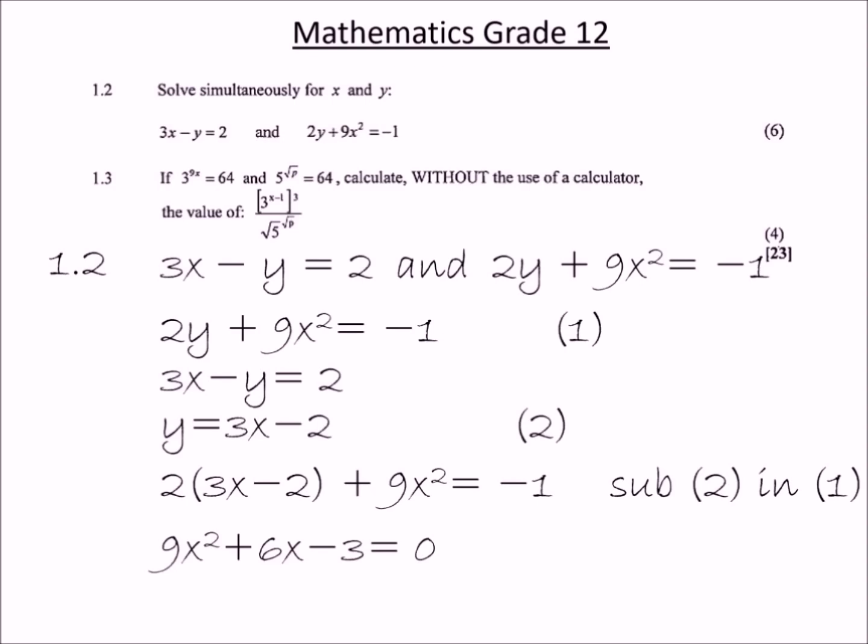Divide both sides by 3 to simplify. Factorizing this quadratic equation gives us 3x minus 1 times x plus 1. X is equal to 1 over 3 or minus 1.